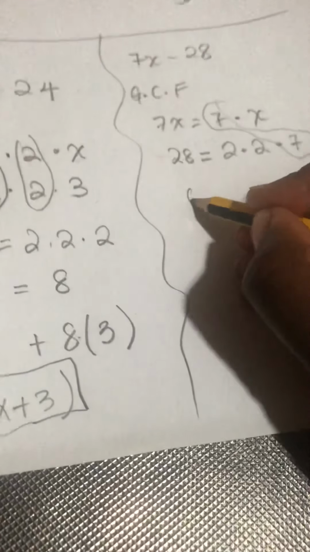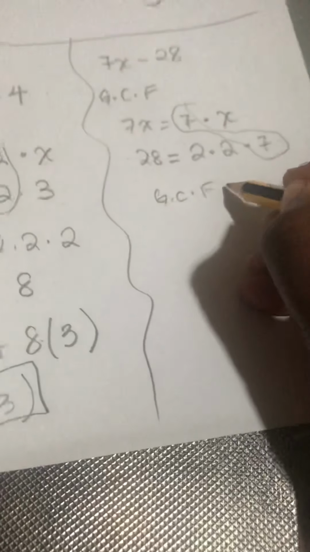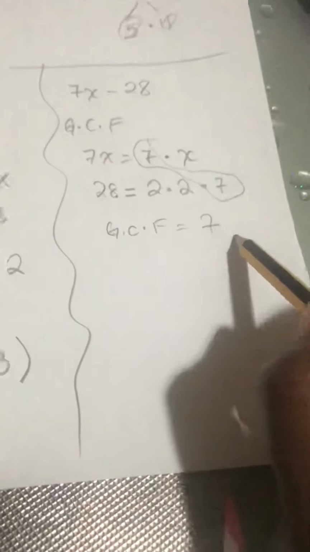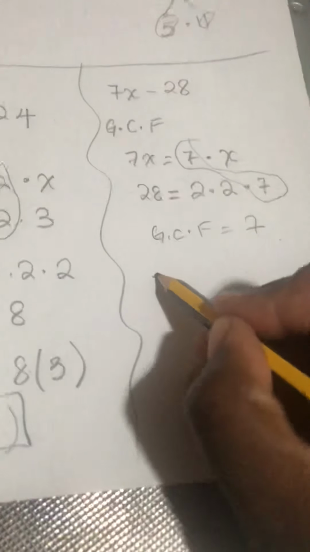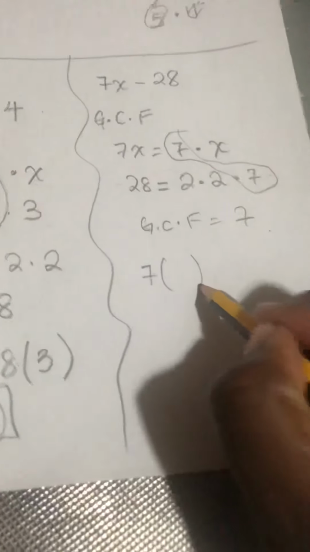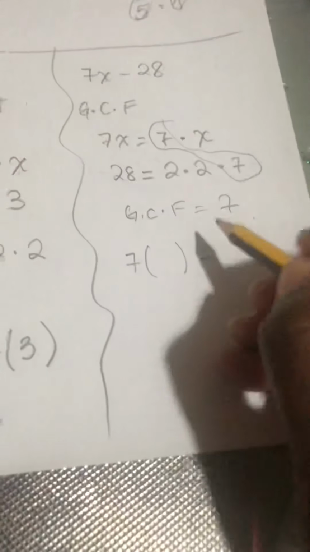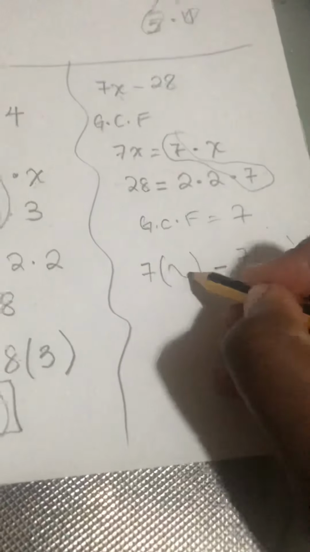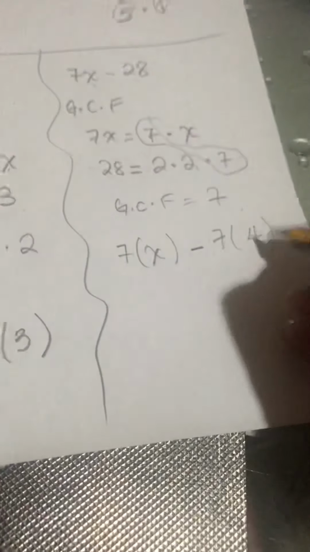Who is common? Only 7. Okay? So my greatest common factor is 7. Now, if my greatest common factor is 7, I will write this 7 outside. I'll open the bracket. I'll write the minus because of that. 7 times what gave me 7x? 7 times x. 7 times what gave me 28? 7 times 4.